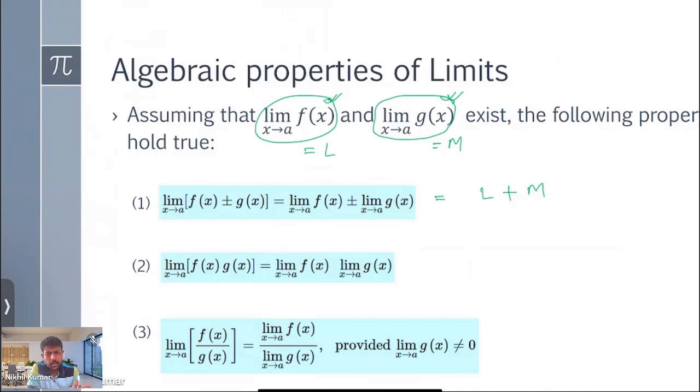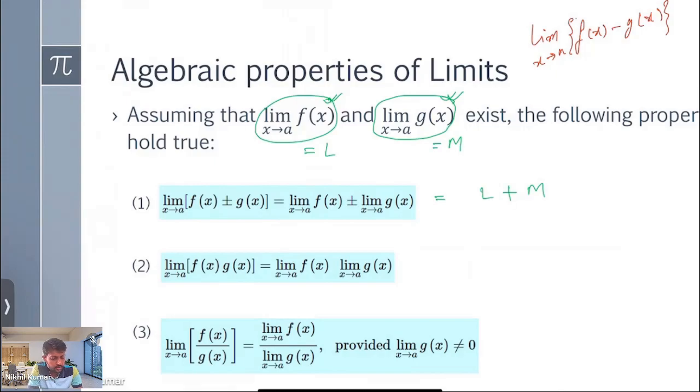Same thing goes for subtraction. So let's say I have to find out the limit of f of x minus g of x, what is the limit of this function when x tends to a? This is our question. So how will we figure this out?